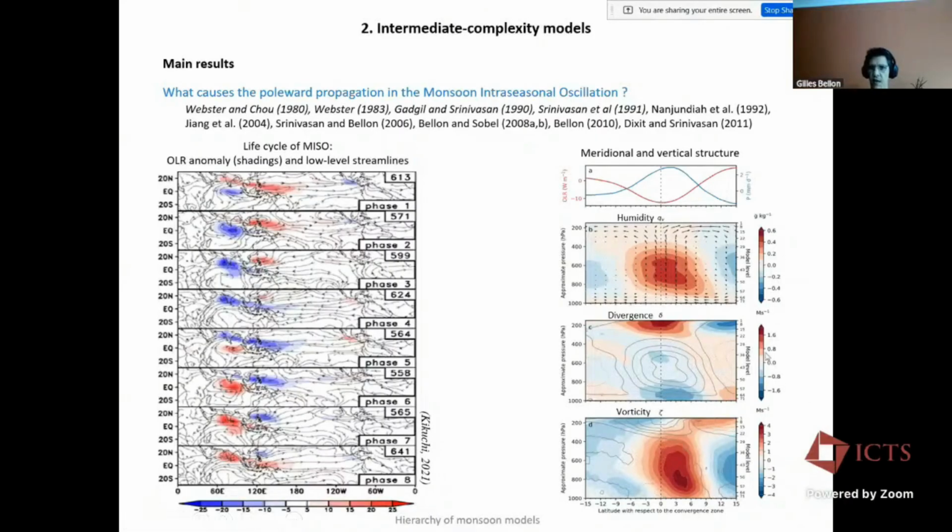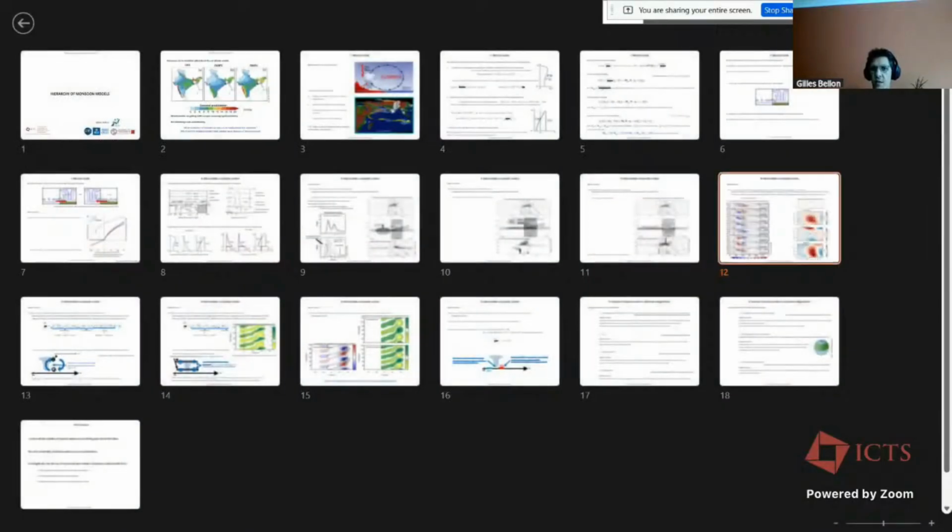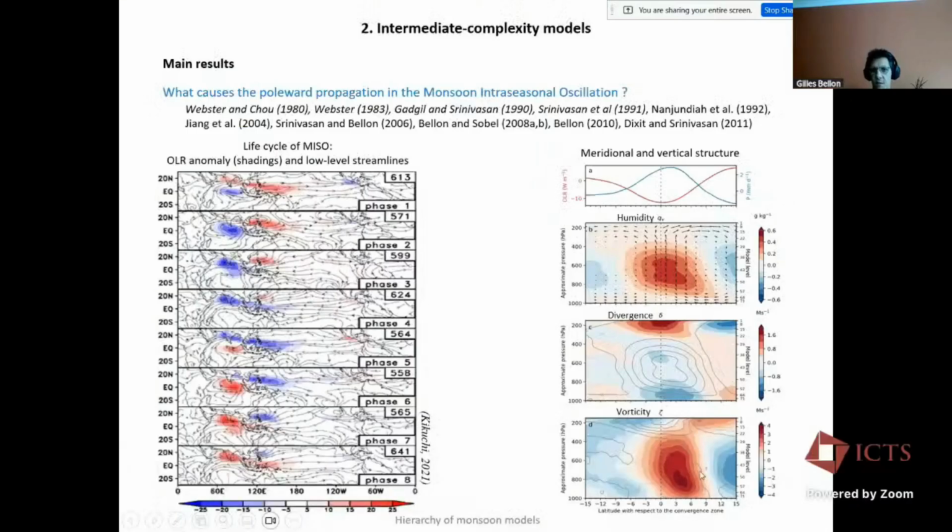And in turn, this divergent pattern is directly produced by a vorticity pattern, because if you look at the divergence equation, there's a term that's essentially f, the Coriolis parameter, multiplied by the vorticity. And so this vorticity pattern is like 4 to 5 degrees ahead of the maximum of convection, or the minimum of OLR.